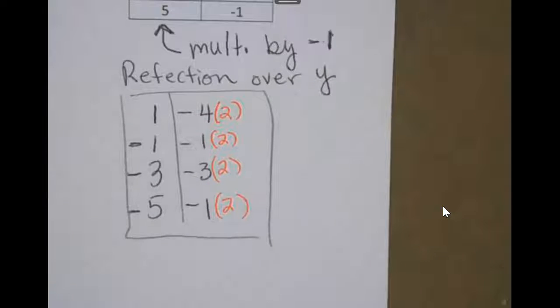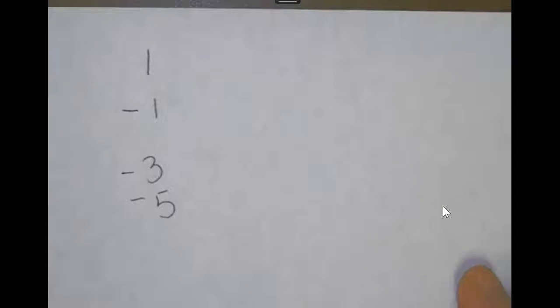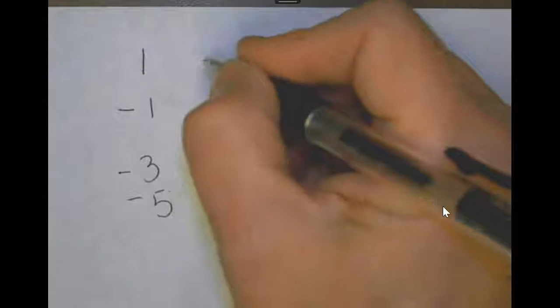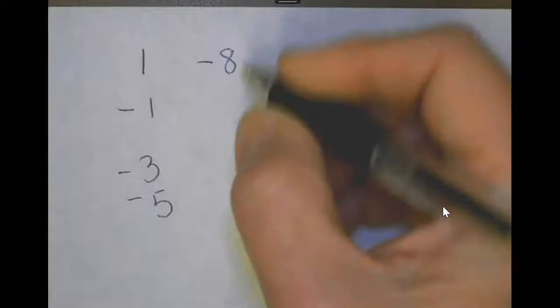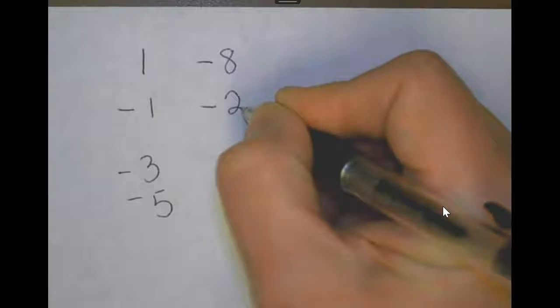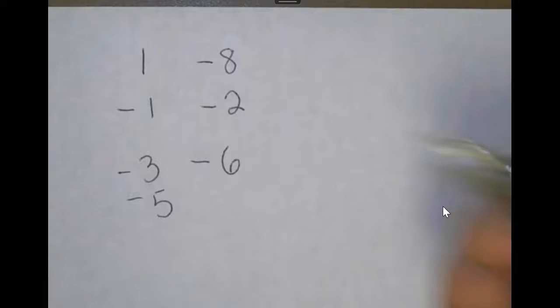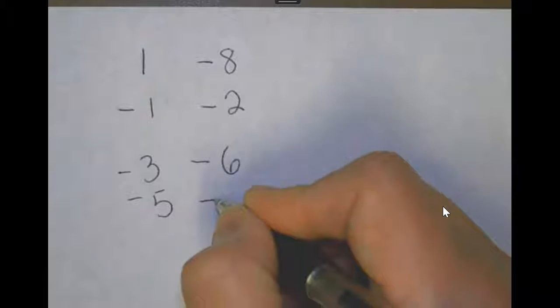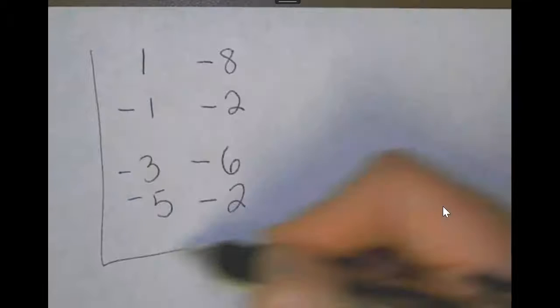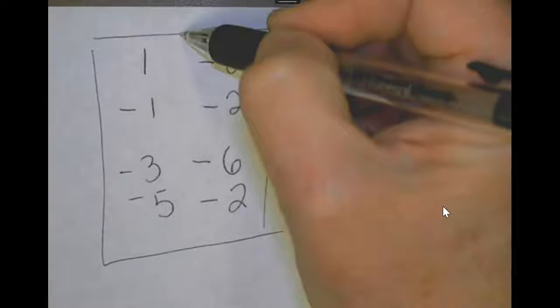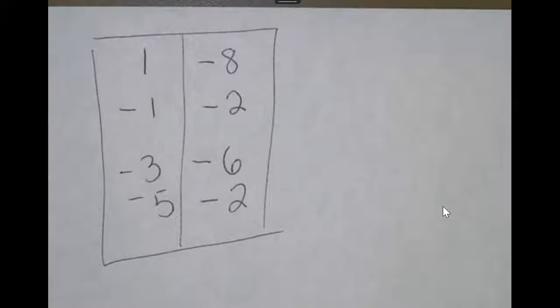So what am I going to get when I do that? My X column is going to stay the same, and negative 4 times 2, and negative 1 times 2, and negative 3 times 2, and negative 1 times 2. This has been stretched.